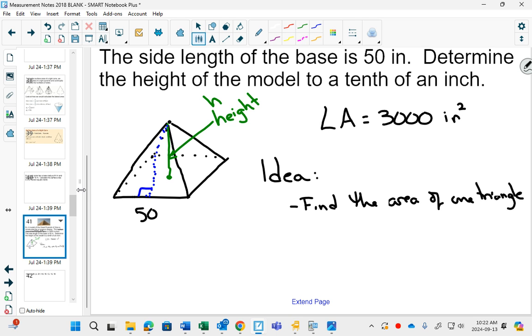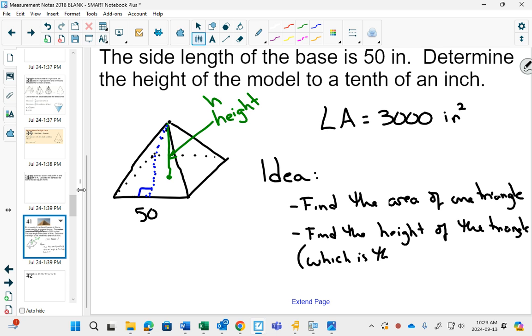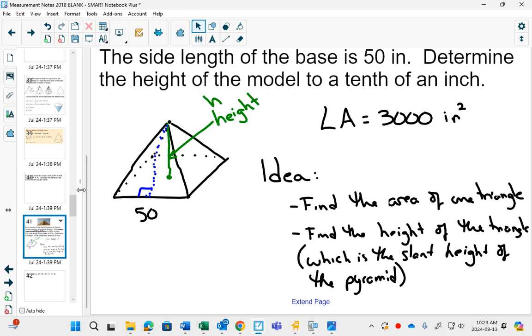So I'm going to write, once we find the area of one triangle, we are next going to find the height of the triangle, and then in brackets, which is the slant height of the pyramid.